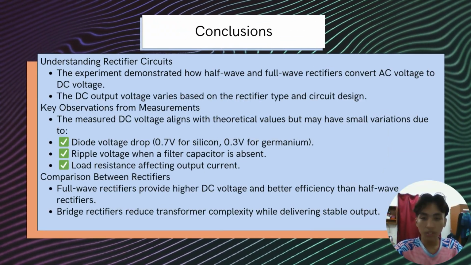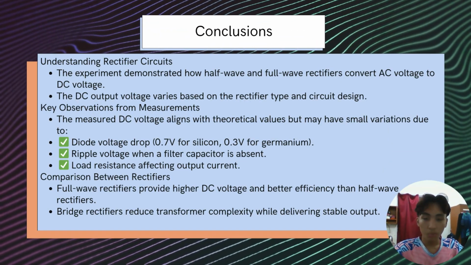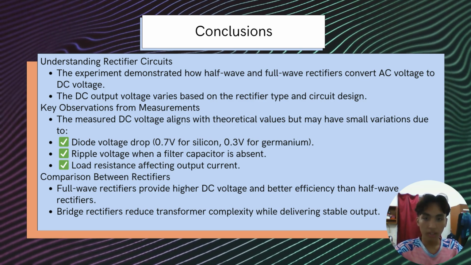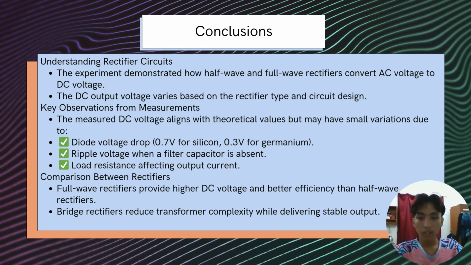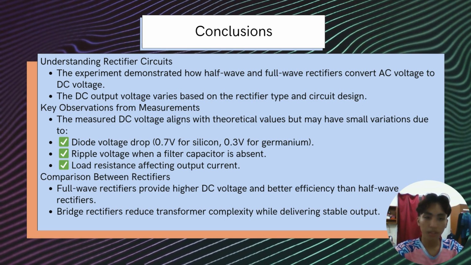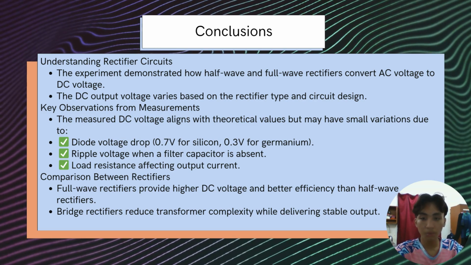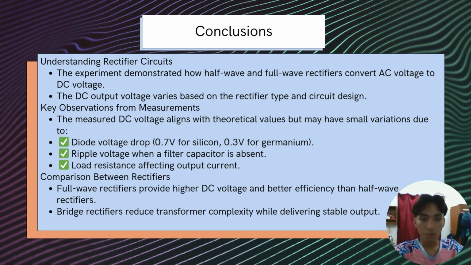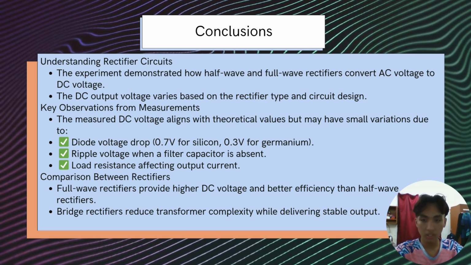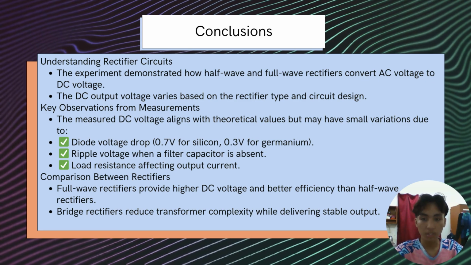So, in conclusion, in this experiment, we explored the operation of rectifier circuits and their role in converting AC voltage to DC voltage. By analyzing both half-wave and full-wave rectifiers, we observed how different circuit configurations affect the DC output voltage.